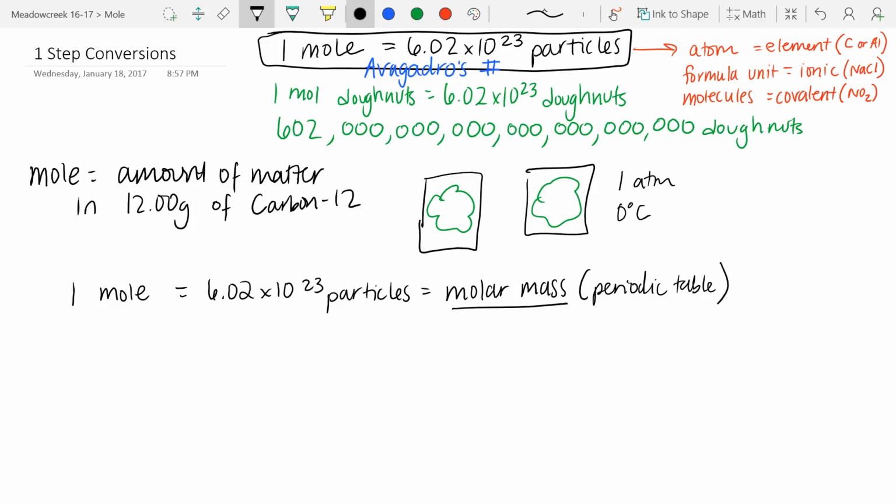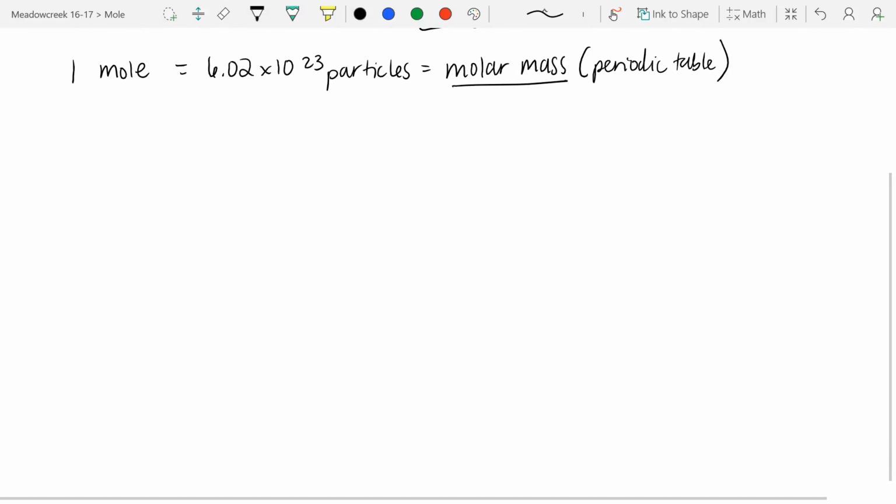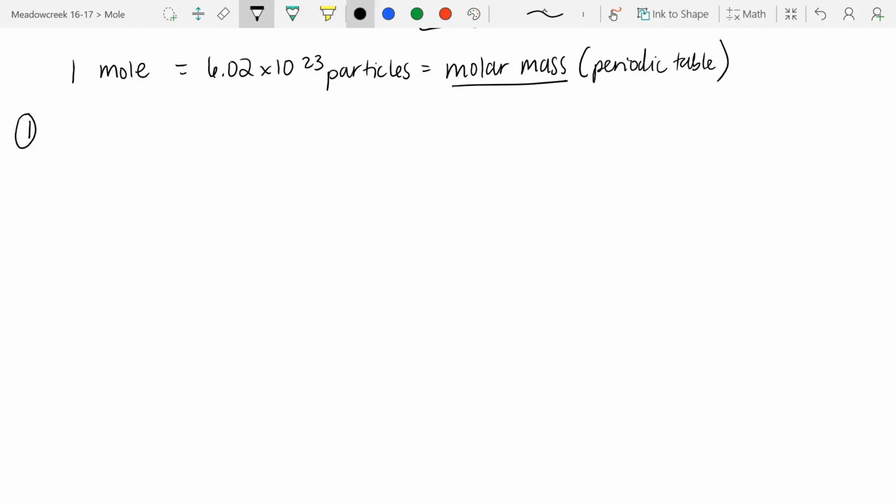Okay, now let's use these conversion factors to actually do some converting. So if we look at problem number 1, we want to convert, let's say, 20 grams of NaCl and we want to convert that to moles.